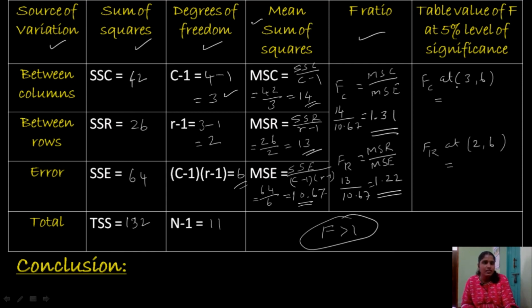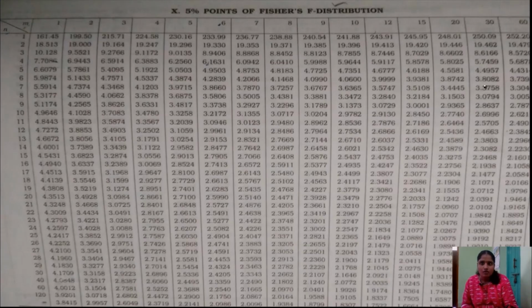So we just look at the two values from the table and I will show you the table. First, let me find out the value of F at 3,6 degrees of freedom. That is, we have to look at 3 in the numerator and 6 at the denominator. So this is the F distribution table at 5% level of significance. For 3,6 we have 4.7571.